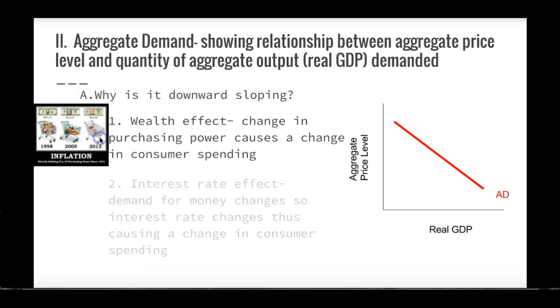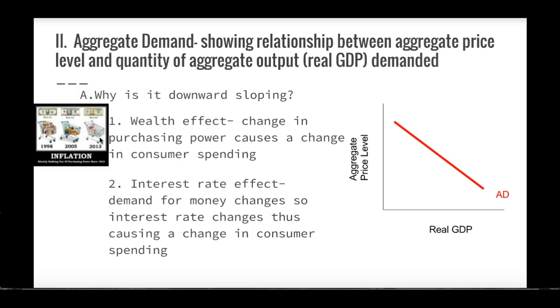All right, the other reason why the aggregate demand curve is downward sloping is something called the interest rate effect. The interest rate effect is a little more complicated. How this works is that we are talking about the price level changing.